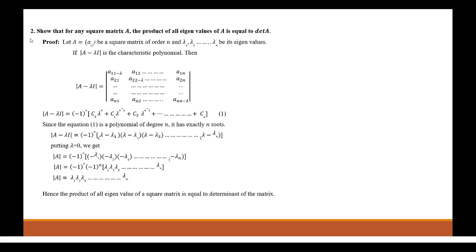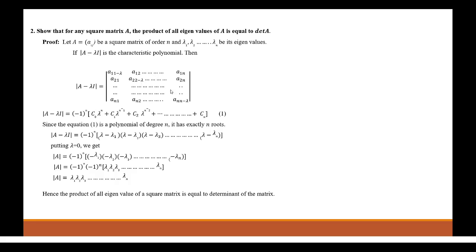Next, we move on to the second property. Show that for any square matrix A, the product of all eigenvalues of A is equal to the determinant of A. Let A equal to (aij) be a square matrix of order n, and lambda 1, lambda 2, ..., lambda n be its eigenvalues. Then write down the determinant of A minus lambda I, which is the characteristic polynomial.